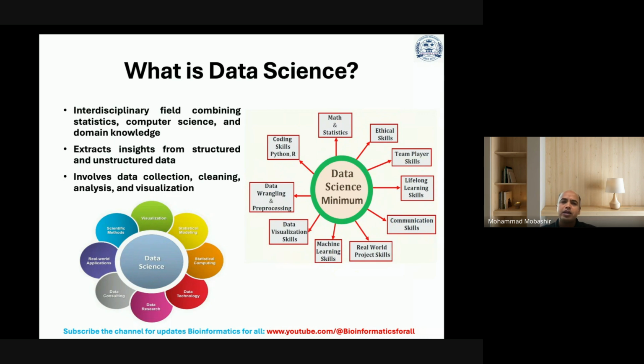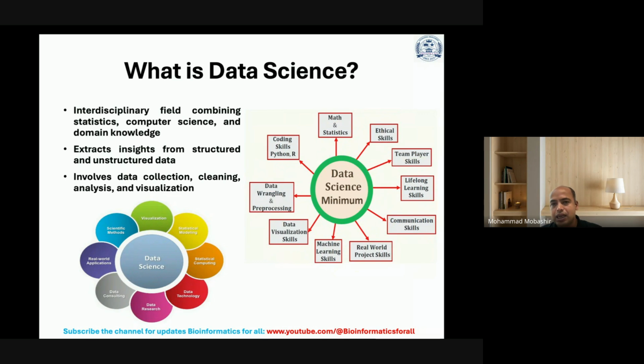There are a number of ways of representing it. For example, it includes implementing scientific methods, visualization, statistical modeling, statistical computing, data technology, data research, data consulting, and real world applications. So these are some of the things it looks like.